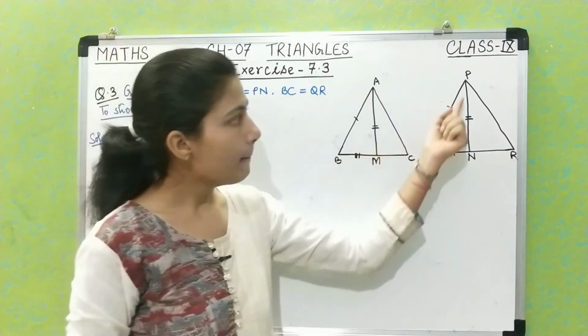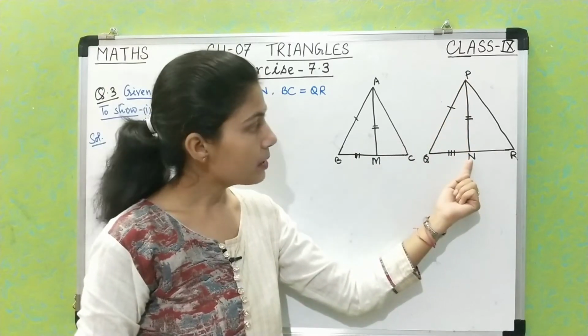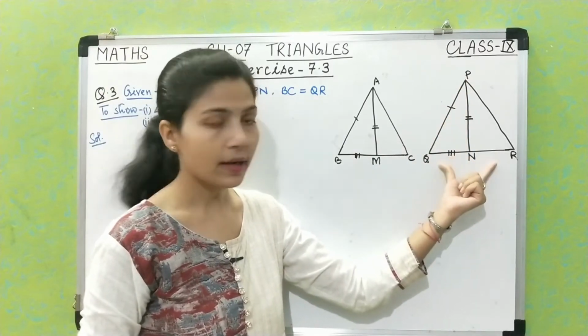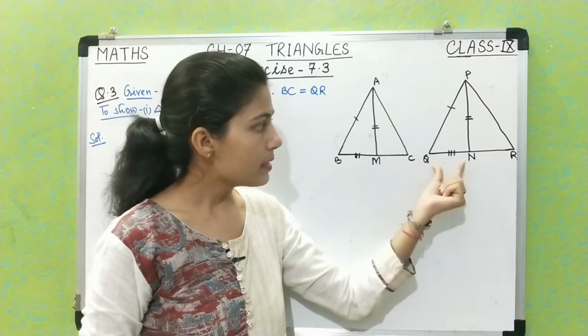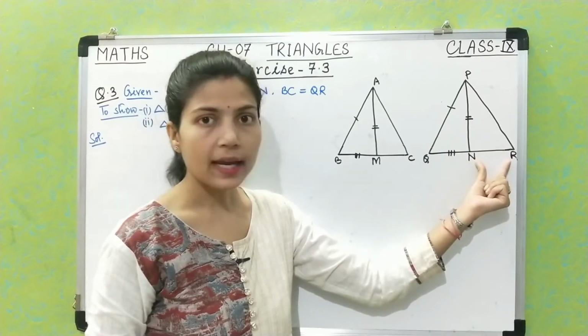In the same way, PN is the median, so this point N on QR is the midpoint of QR. That's why QN will equal NR.